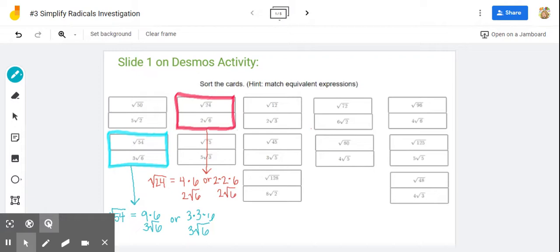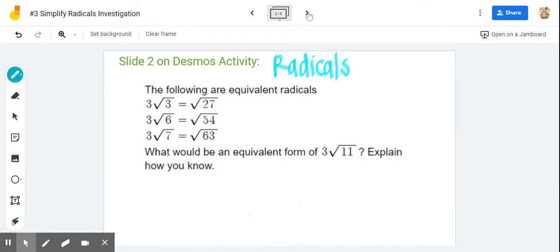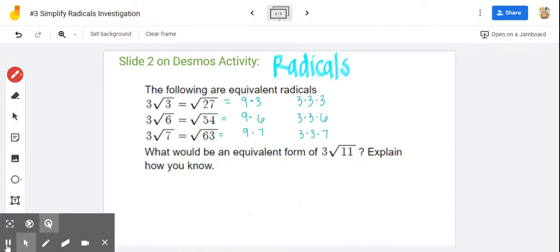So a couple other observations that you guys found were the following as you worked through your Desmos activity. We took a little bit of notes because you noticed some of these patterns. So again, some of you realized that 27 comes from 9 times 3, which means that the 9 is a 3 by 3, or 3 times 3. Or some of you realized that 3 times 3 times 3 is 27.